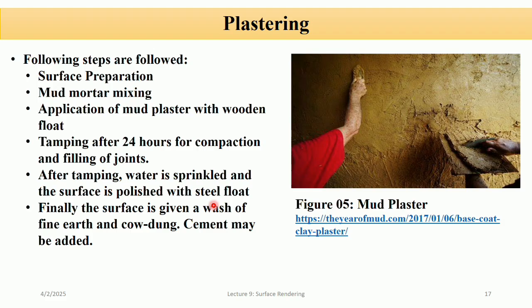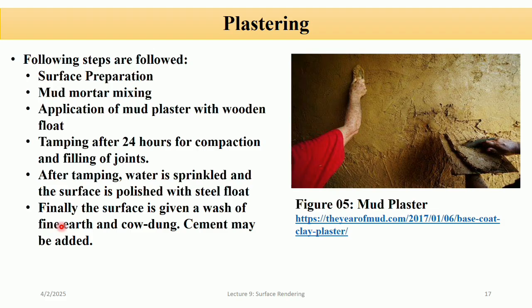A thin wash of cow dung is then given, and tamping is done again at the places where small cracks have formed. Finally, the surface is given a wash of fine white earth and cow dung.